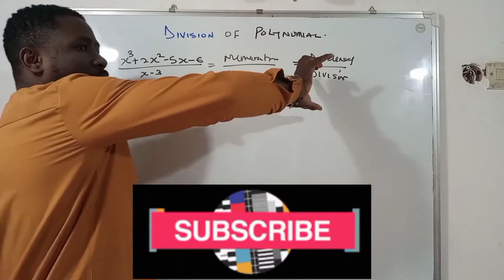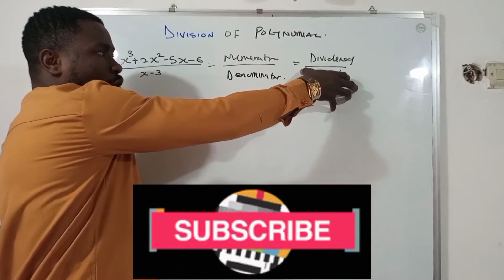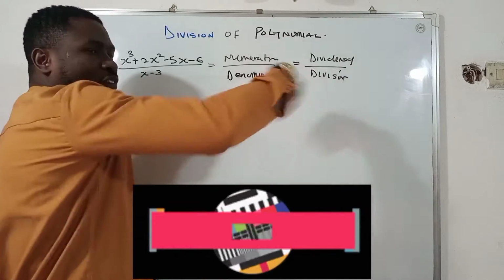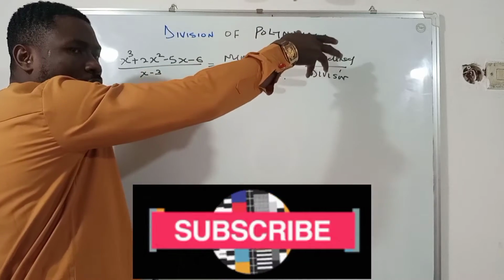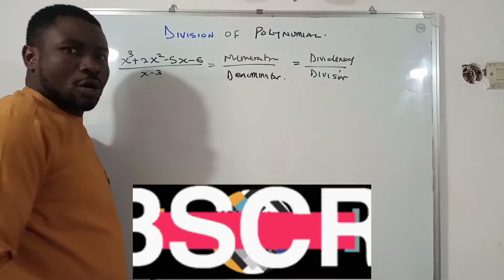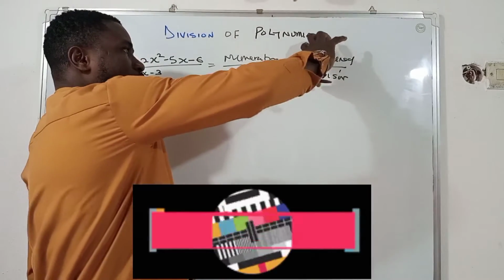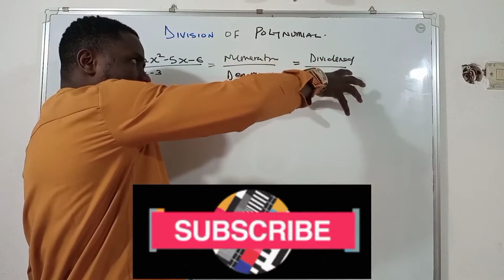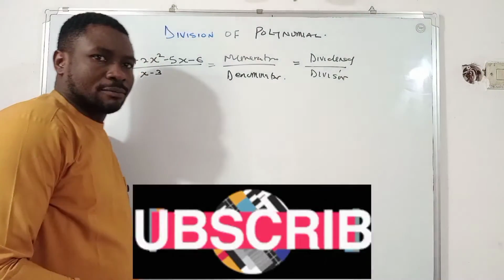Now, when you divide, the number of times the divisor, or the denominator, divides the dividend, or the numerator, becomes the quotient. Once you divide the dividend all over the divisor, you have an answer.